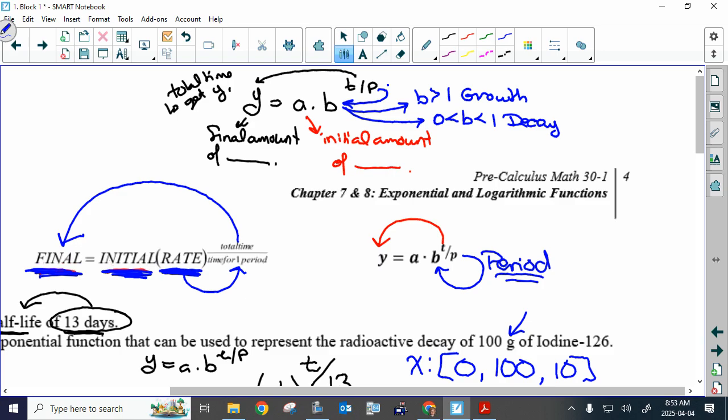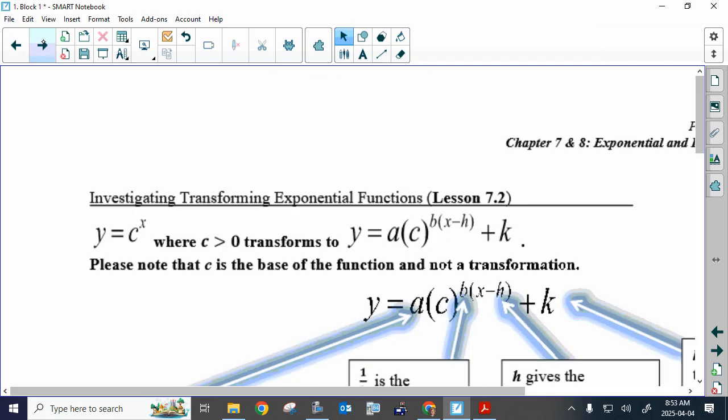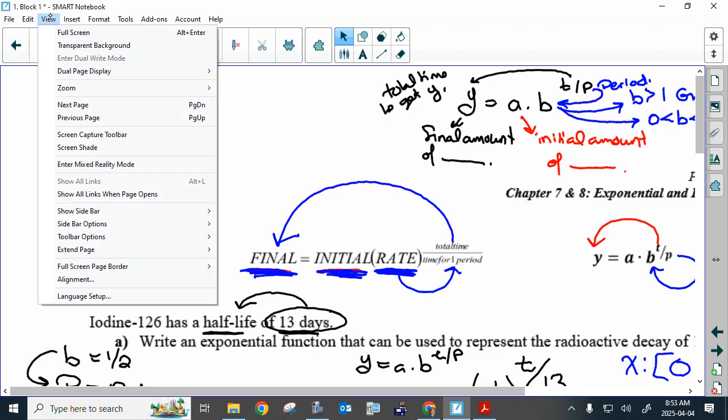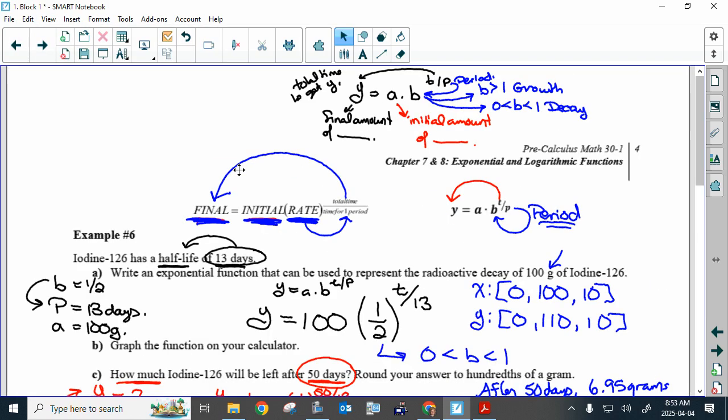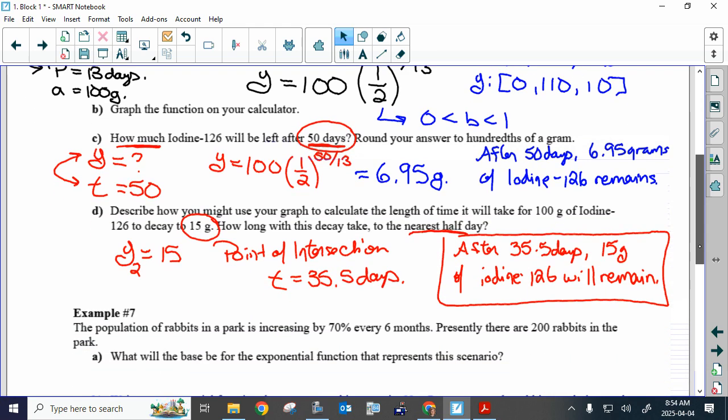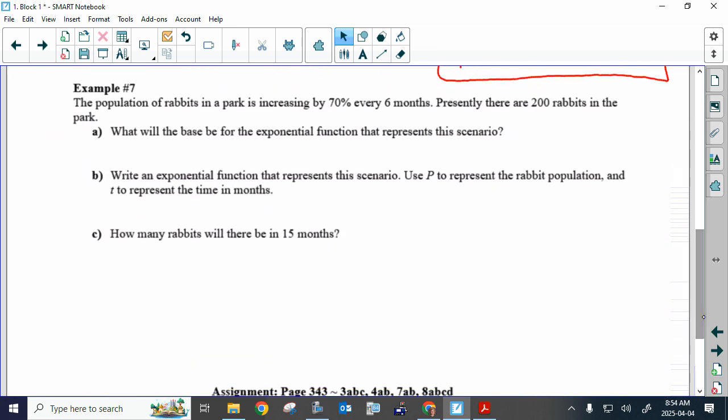That's called your period. So period is linked to b, and the t value, your total time, is linked to the y value. You're going to find this actually a little bit refreshing in comparison to trig. This first little bit, you're going to be like, oh, okay, this is super manageable. Trig was super complex. This is going to be a little bit more straightforward. Basically, you have 5 variables, and you're going to be given 4 parts, and you're going to have to find the 5th part, whatever that is.